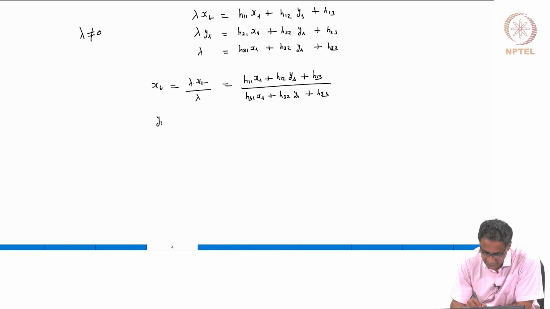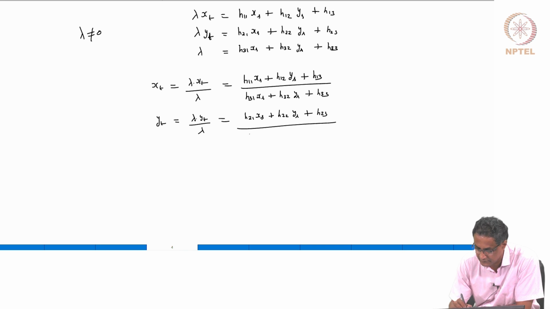Similarly, if I want my yt, that will be lambda yt, not ys, so lambda yt by lambda, that is h21 xs plus h22 ys plus h23 by again the same lambda, which is h31 xs plus h32 ys plus h33.